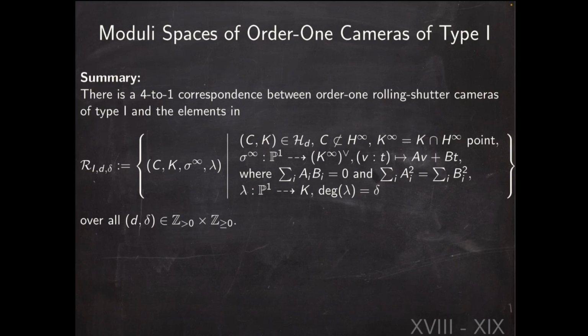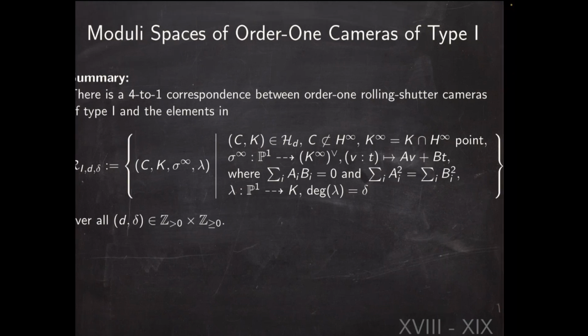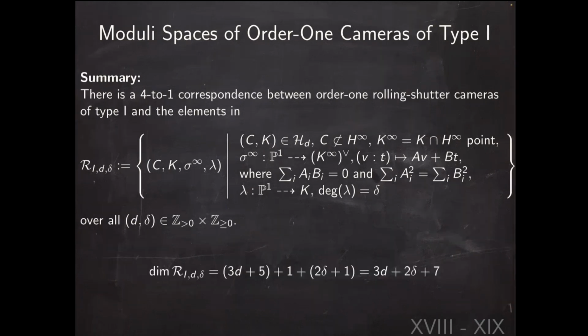And then we essentially fix the rotation by another map from a P1 to a P1, which is K. This would give us parameter spaces that cover all these rolling shutter cameras. It's parameter spaces of a dimension that you can easily compute.